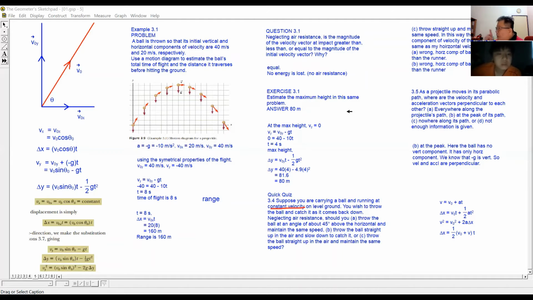So in order not to increase the horizontal velocity of the ball, I can only throw the ball upwards. Even though I throw the ball upwards, it has a horizontal velocity of 10 meters per second, because I'm carrying the ball with me.